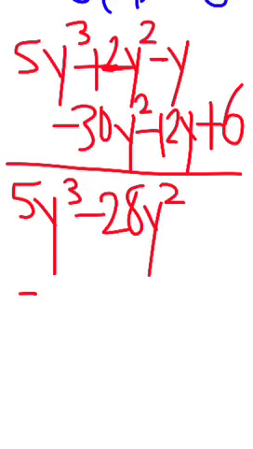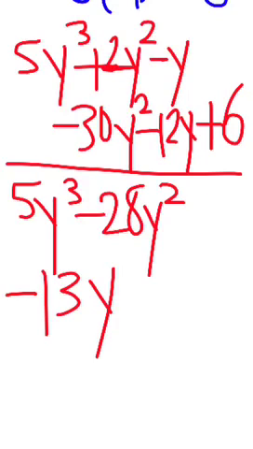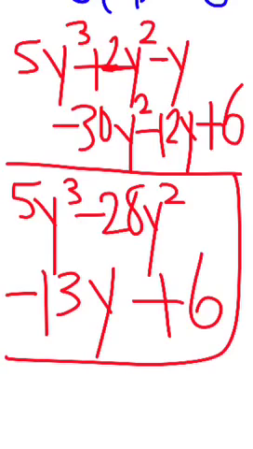That would give us negative 13y. And bring down the plus 6. For multiplication, like a binomial times a trinomial like we did here, probably the best thing to use is the distributive property.